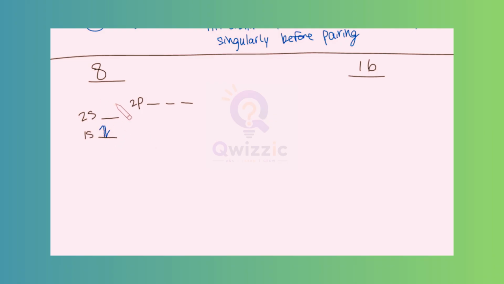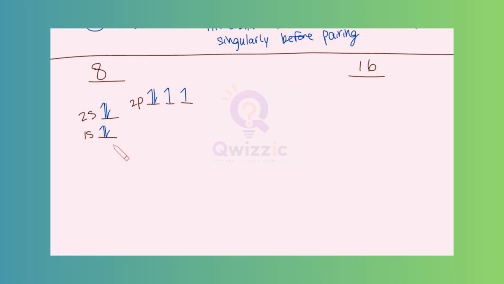We have 2 electrons. 2s would have 2 electrons. So that's 4. So we have 4 more electrons. Now we have our 3 2p orbitals. They each get 1 electron, right? This is Hund's rule. And now we can start pairing. So that first orbital will get a paired electron spinning in the opposite direction.